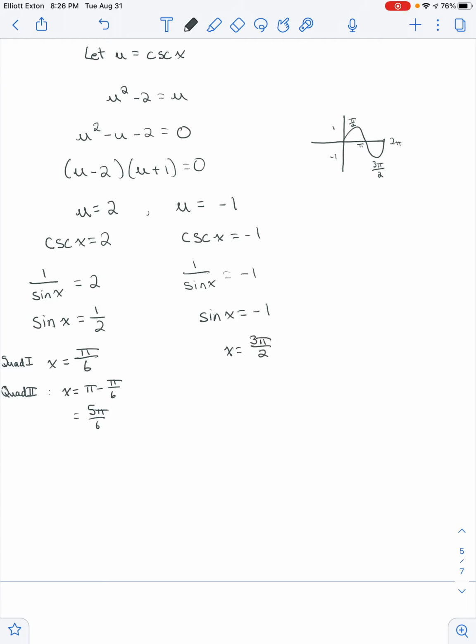And this angle only occurs once between 0 and 2 pi, because as you can see, sine is only equal to -1 once in this cycle. So these are going to be our 3 answers here then, that x is equal to pi over 6, 5 pi over 6, and 3 pi over 2.